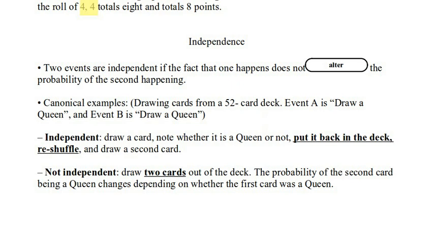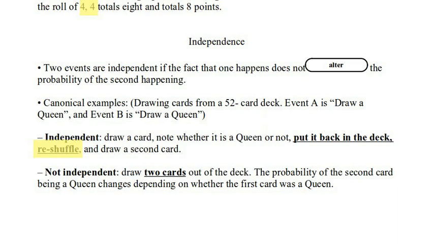Now, how could this be different if we're looking at events that are so similar? In the first case, if you draw a card, we note whether it's a queen or not, and we put it back in the deck and reshuffle. What does that mean? There were 52 cards, we put it back, there's still 52 cards. So that hasn't changed.